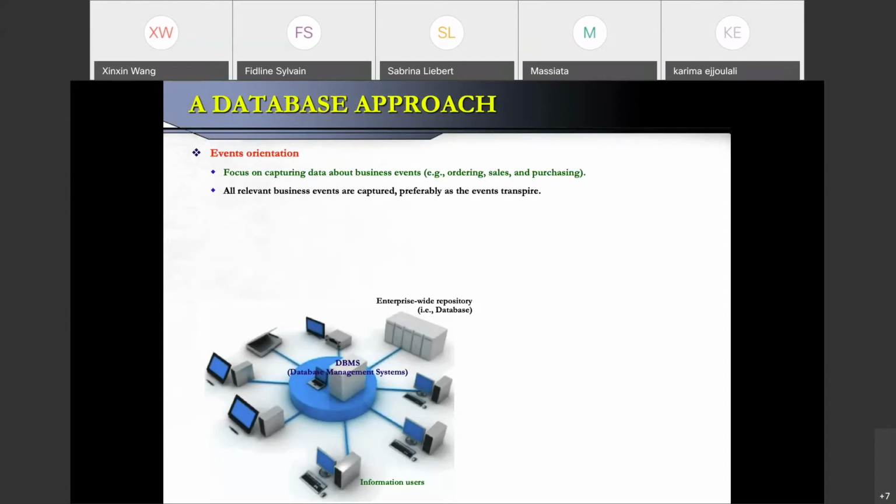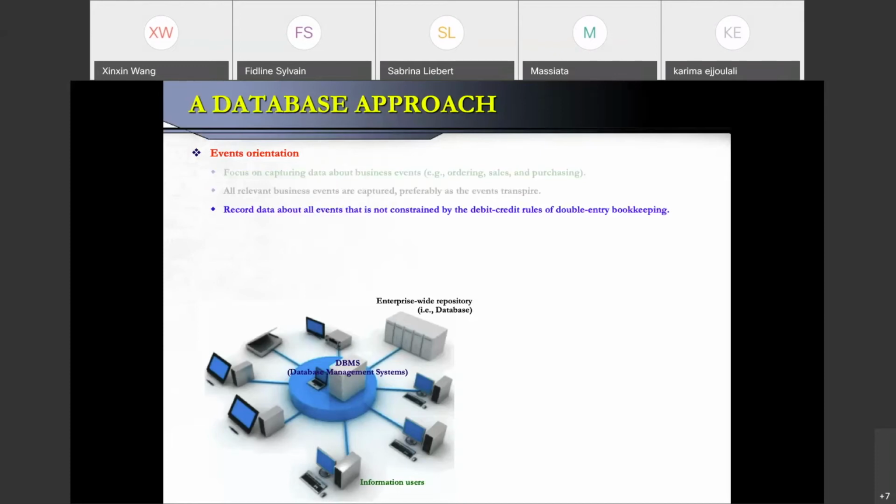It focuses on capturing the data involved with the company's business process. So all the relevant information is captured. Record data about all events. It's not just double entry bookkeeping information.